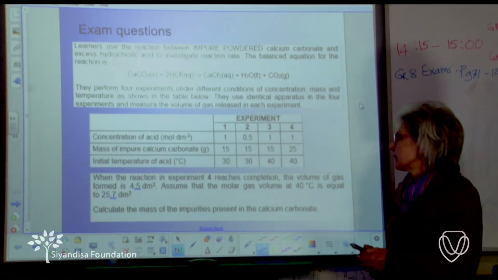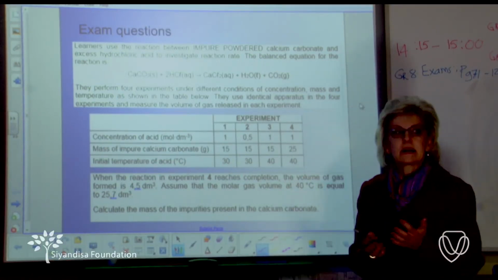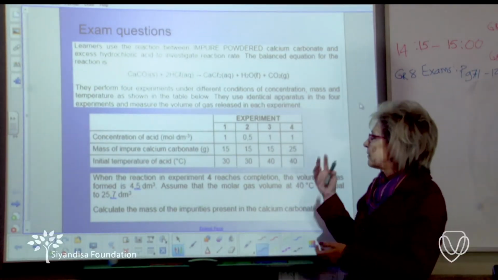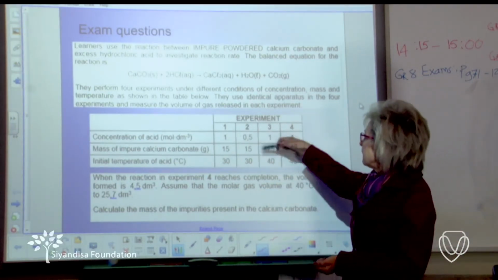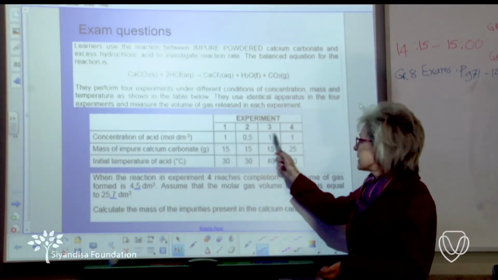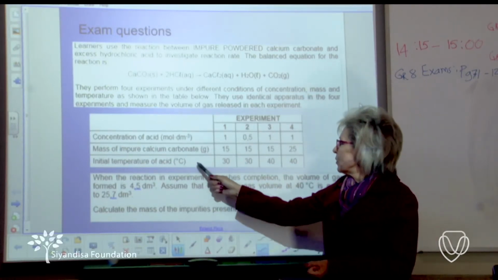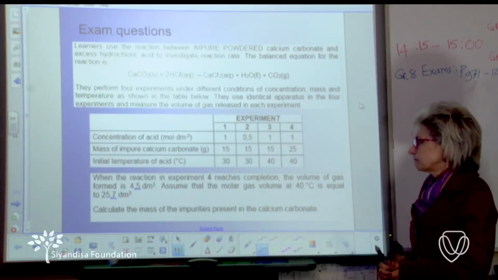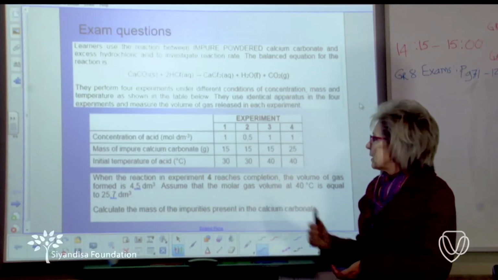Now, I think with all the work that you've already done on reaction rate, you will be familiar with this type of reaction and the type of results where they've given you in the 4 different experiments different concentrations, different masses, and then also the different initial temperatures. So, as I said, I did not focus on the other questions. We are dealing with this one.